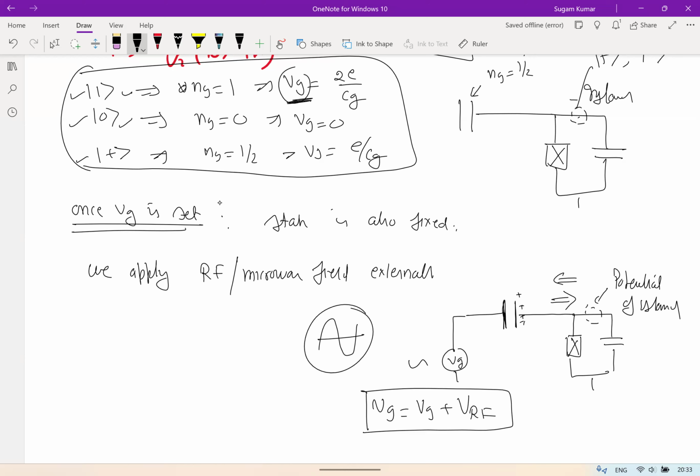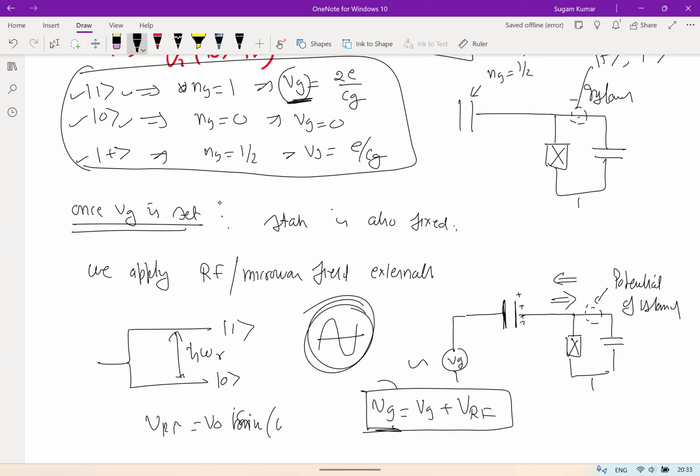So finally, in superconducting qubits, you set the voltage, you create qubits, and after that everything is handled by this RF voltage. And this RF frequency is nothing but the separation between state 0 and 1. This separation is h-bar omega, let us say R. So whatever RF you use, this V_RF is V naught times sine(omega_RF t + phi).